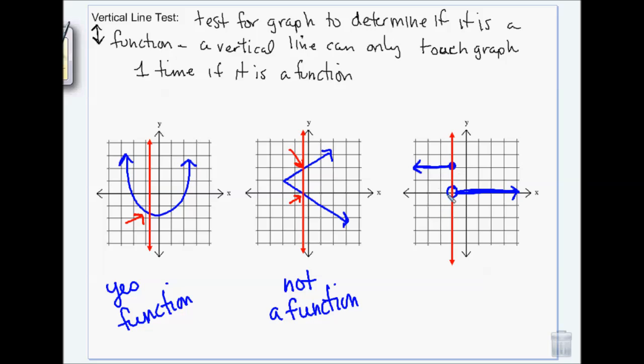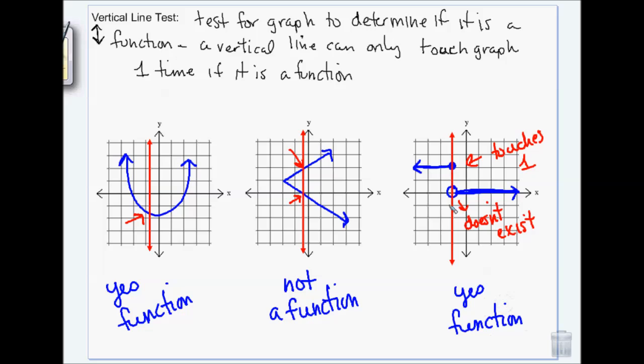This open dot means that it doesn't really exist right there. So it's still only touching in one place. This open dot doesn't actually exist. So it is a function.